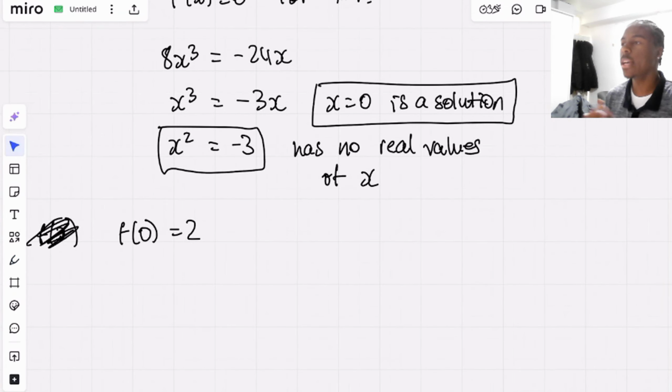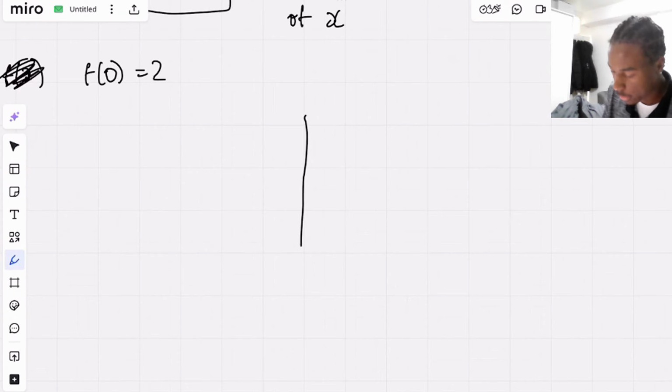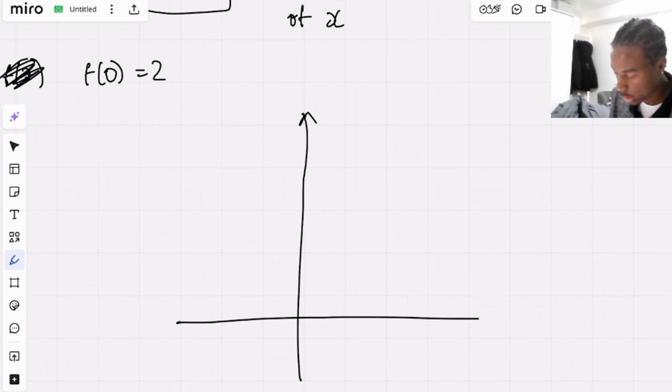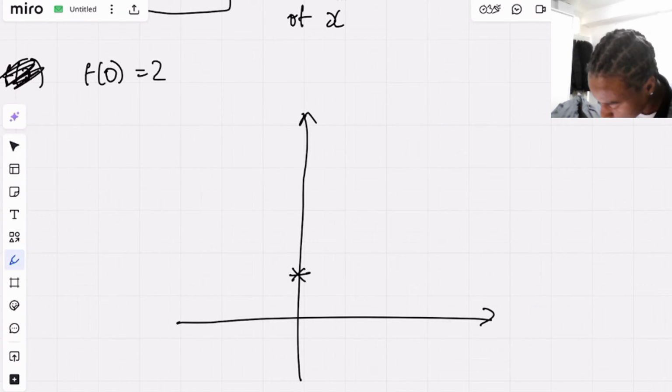So now we can think about what this function actually looks like. We have enough information to actually answer the first question. So we know the only turning point, and I learned this from R2 Drew 2, he's a fantastic YouTuber, you guys should check him out. Whenever I think of a turning point on a graph, I like to do a little straight line here that is parallel to the x-axis to denote a turning point.